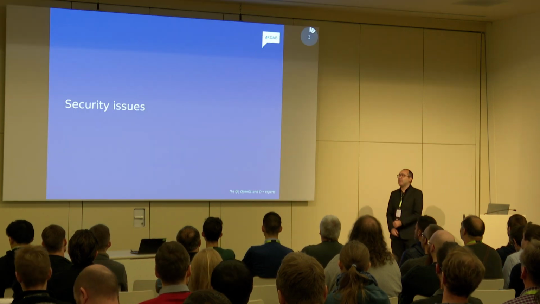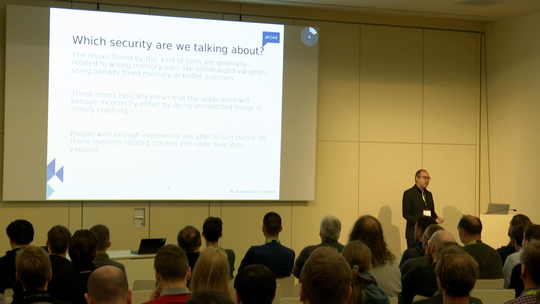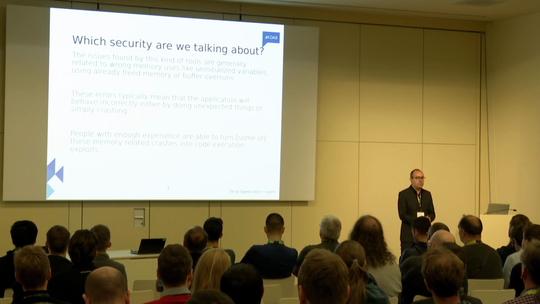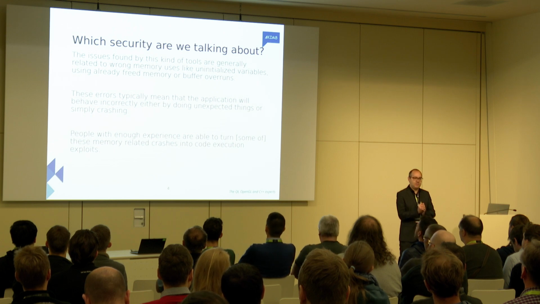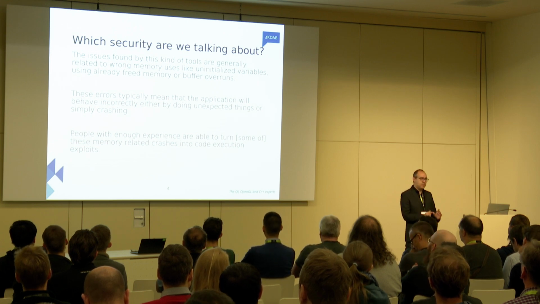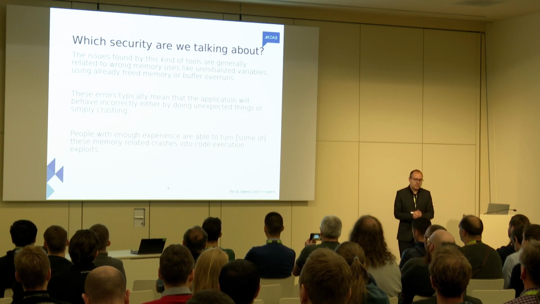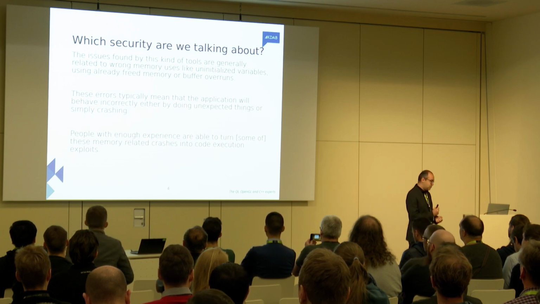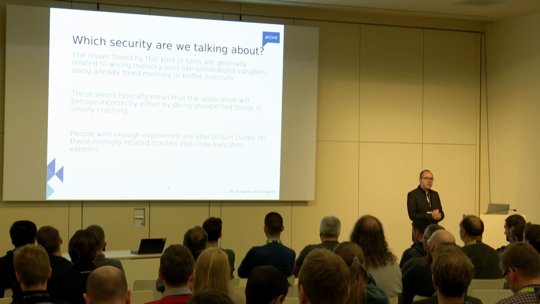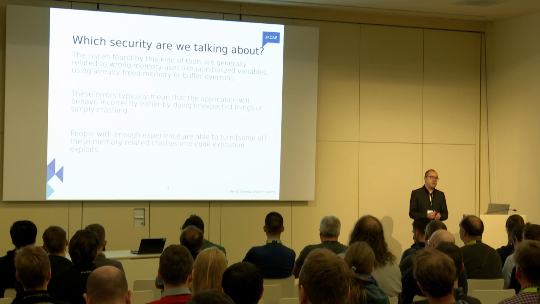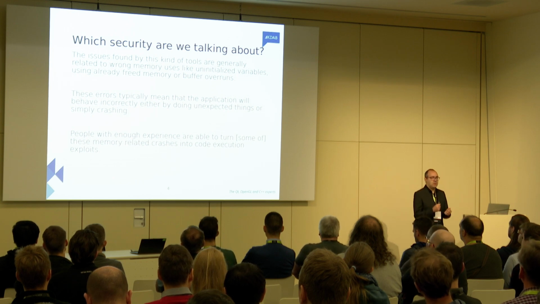So which kind of security issues are we talking about here? We're not talking about you being bad at your architecture and saving your password in plain text. That's a different topic altogether. That's your problem being a bad developer, bad architect, or whatever. The security issues we will talk about in this session are about the things that happen because your code is bad, basically around memory management.